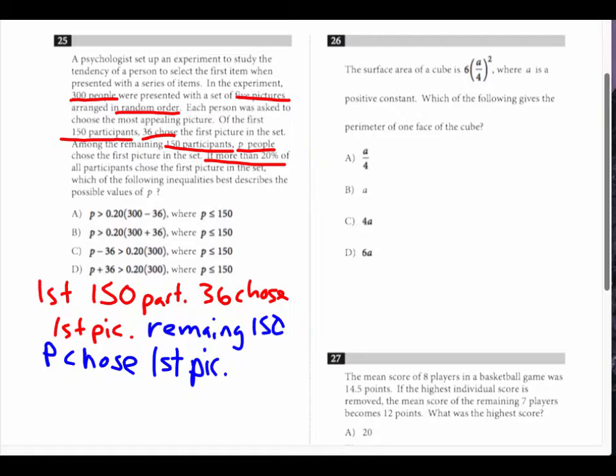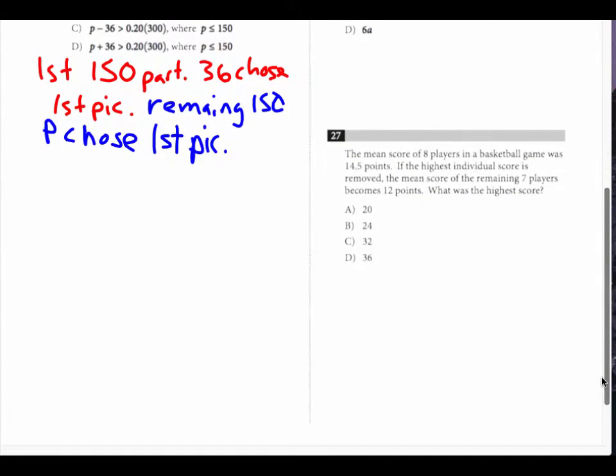And we're going to have some sort of inequality that represents that. So how do we go about doing that? Well, remember probabilities are about the total people. It's how many people actually picked the first picture out of 300. And how many was that?